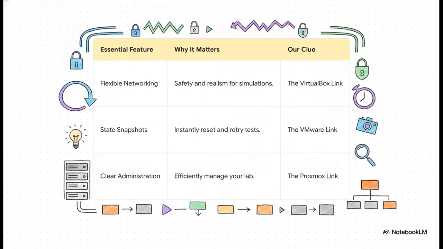First, flexible networking, which our VirtualBox clue highlighted, is just crucial for safety and for creating realistic attack scenarios. Second, state snapshots, which we got from our VMware clue, give you that time machine, so you can instantly reset and retry anything. And third, clear administration, which our Proxmox clue pointed out, makes sure you can manage your lab efficiently, whether it's just one machine or a whole farm of them.